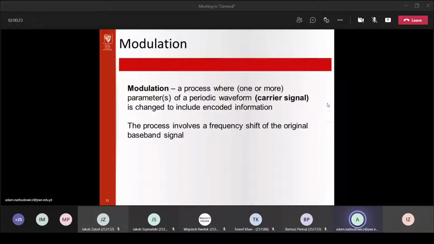Well, I usually use the example of a radio signal, but this comes partly from my background. So basically you have a periodic waveform, a radio signal of a certain frequency, let's say 110 megahertz.